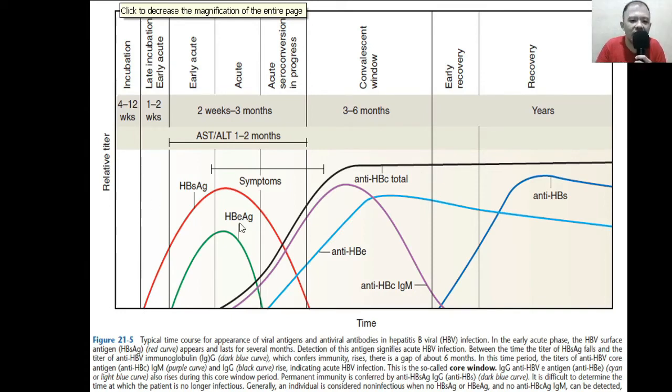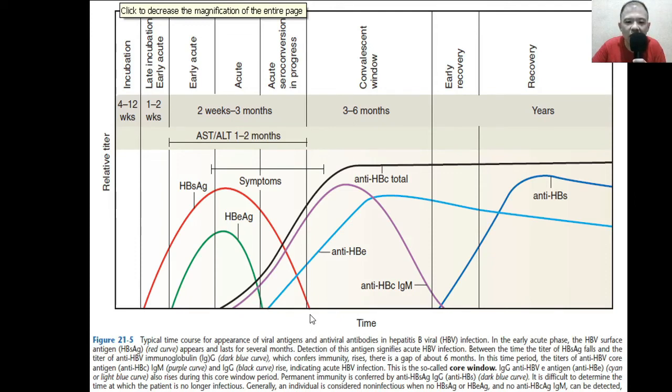At the left side you see the antigen, at the right side you see the antibody. This is still in the acute phase. How do we determine that this is an acute infection? Take note, the HBS goes down here, so the infection does not persist for a long time. Also take note that you have a period where you don't see a positive HBS or the antibody to it.